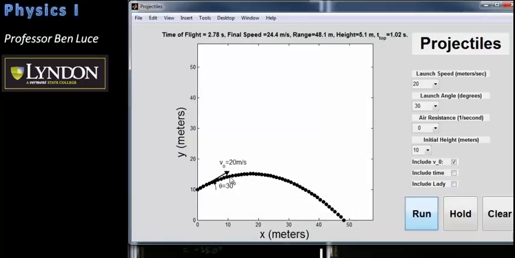We also see that the time of flight came out at 2.78 seconds. And we see that our final speed here was 24 meters per second. Now you might be a little bit surprised that the final speed turns out the same as before.